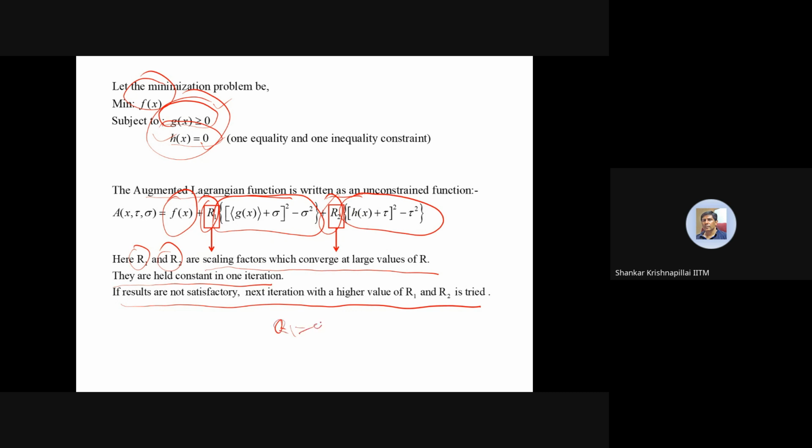R1 equal to 0, R2 is equal to 0 first. Then it will do some iterations. If that doesn't work, it will put R1 equal to 1, R2 equal to 1. And if that doesn't work, it will put R1 equal to 10, R2 equal to 10. So it will automatically change values of R1 and R2 without any user input.